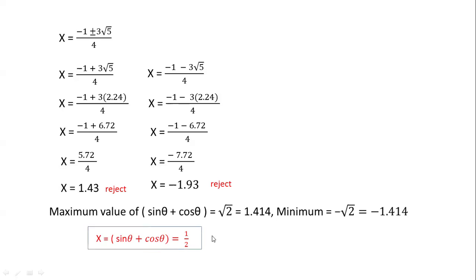Got it? Now, I have made a mention here, the maximum is equal to root 2 and minimum value is minus root 2. So for the sake of knowledge, I'll explain why we have taken root 2 and minus root 2. How did I arrive at this?